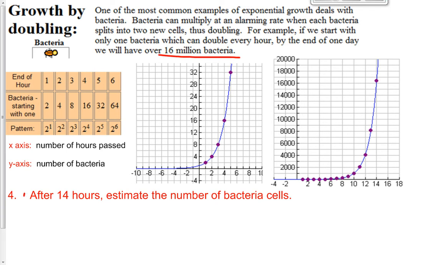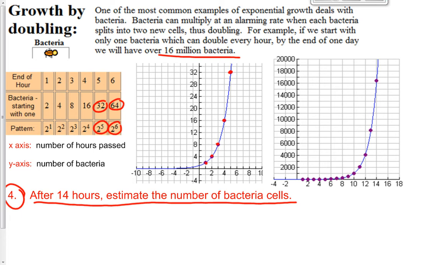So what we want to know: after 14 hours, estimate the number of bacteria cells. As I said, after 1 hour there's 2, after 2 hours 4, 3 is 8, 4 is 16, 5 is 32, and you really get it by doing these. 2 to the 5th is 32, 2 to the 6th is 64, and so on.